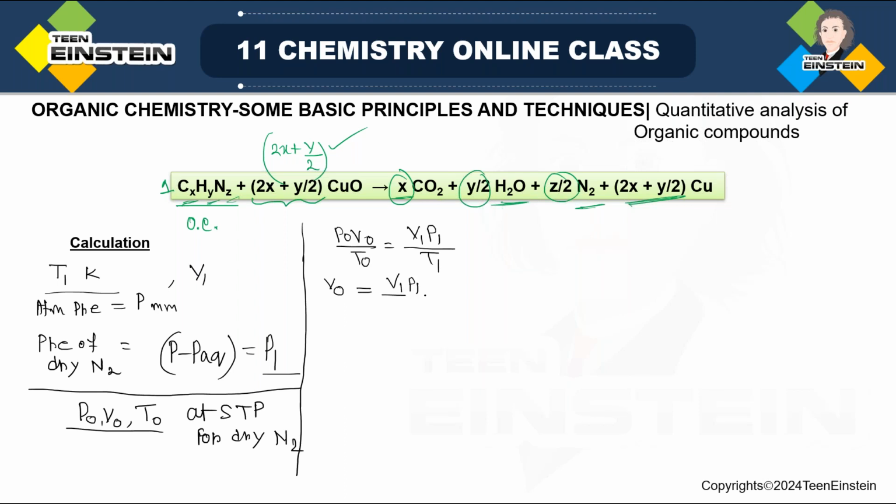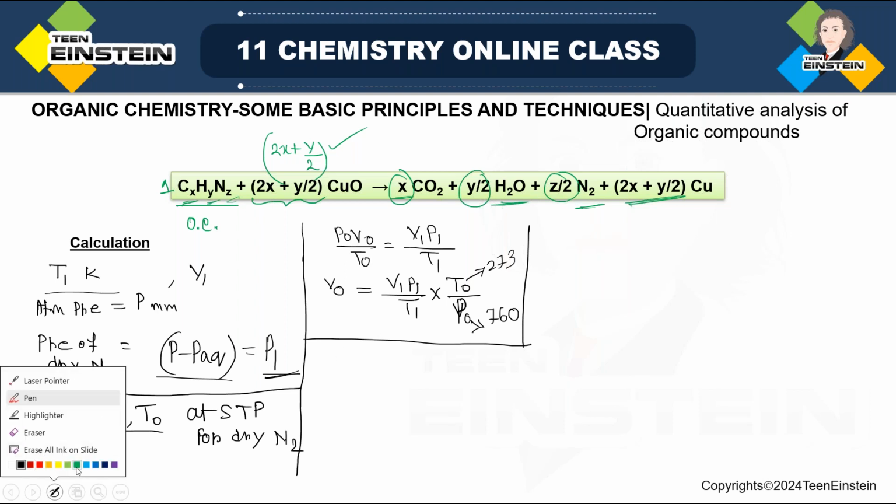So V0 equals V1 P1 T0 divided by T1 P0. Now T0 is nothing but 273 Kelvin and P0 is 760. So you can easily put these in. T1 is the room temperature at which you are doing the experiment, P1 you can calculate from P minus P aqueous, and V1 volume can also be recorded. So here you will find the volume V0.